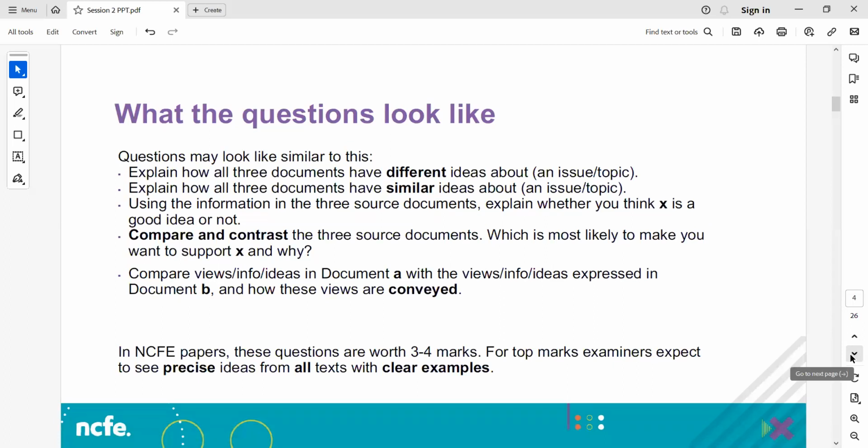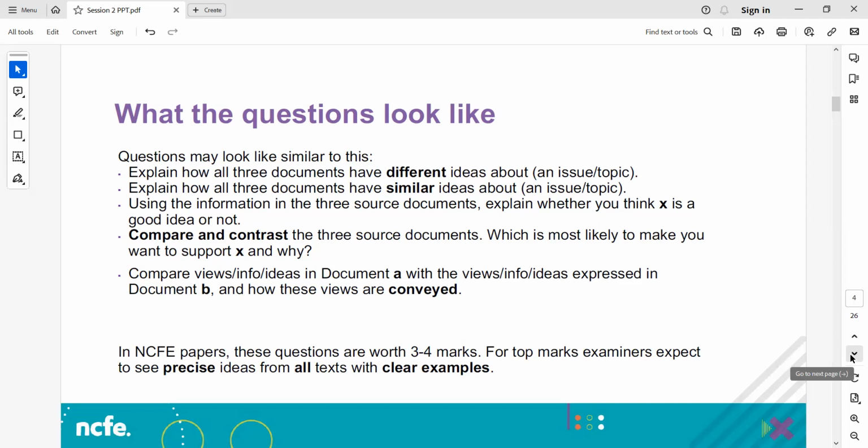So we're going to look at what the questions look like, and they might be similar to this. This is the wording of the sort of question that you might get in a level 2 reading test. Explain how all 3 documents have different ideas about an issue or topic.